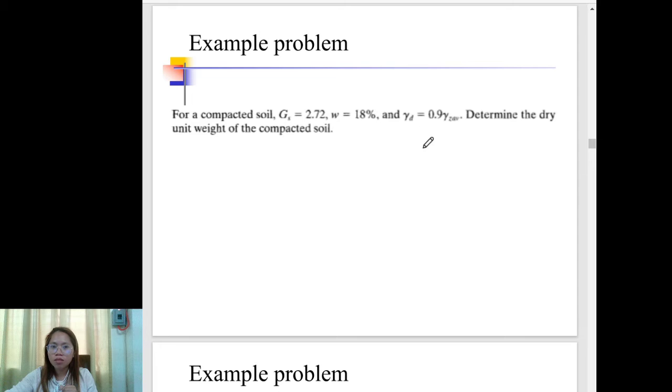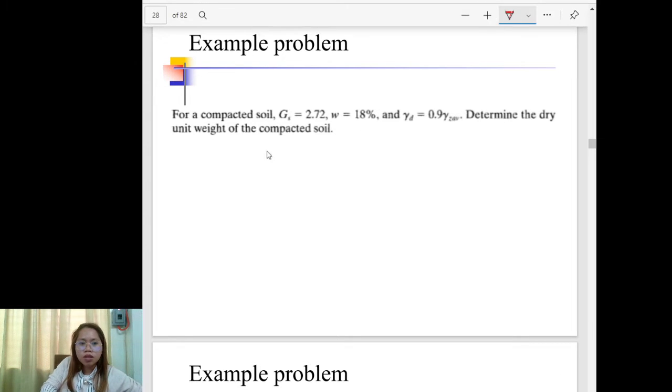So to determine that, how to do that one? First, remember the moisture content, no? The dry unit weight is actually equal to the specific gravity times the unit weight of water over 1 plus e, di ba?